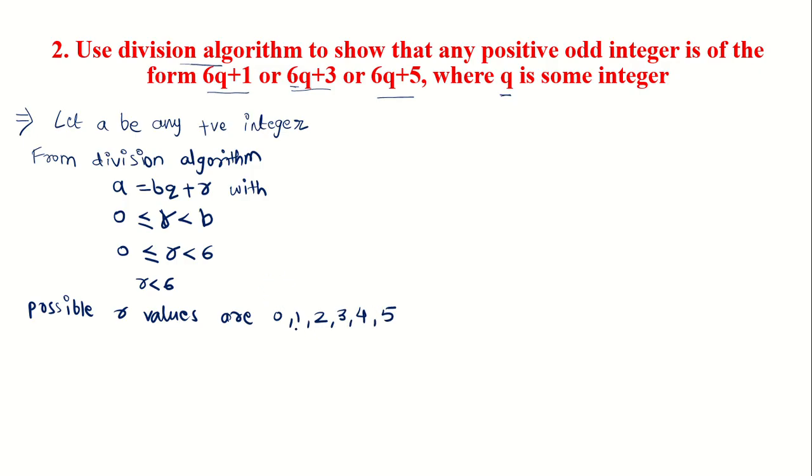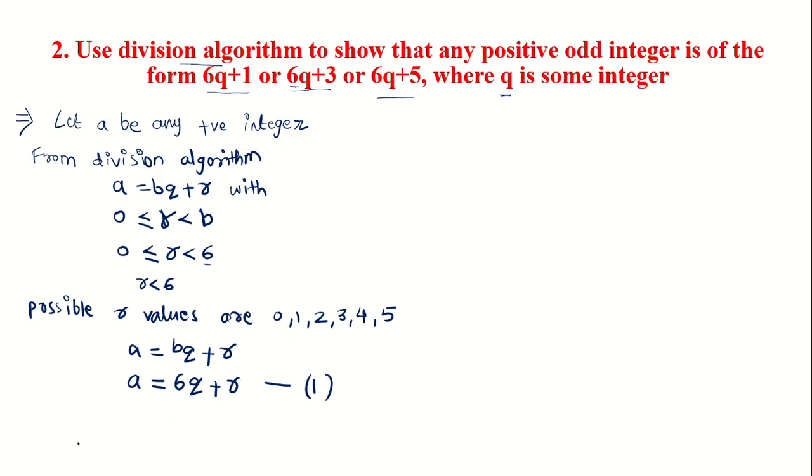So these are the possible r values that we need to substitute. So from the division algorithm, we have a equals bq plus r. Now a equals, what is the value of b? 6. 6 into q plus r. Let us assume this as equation 1.